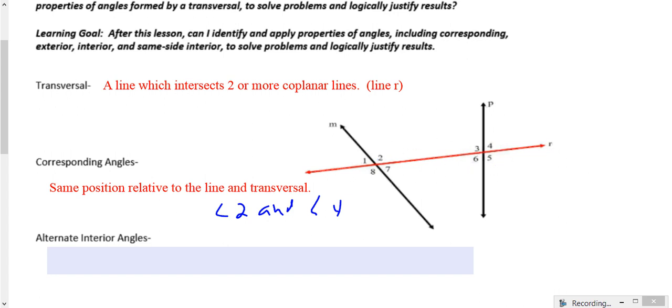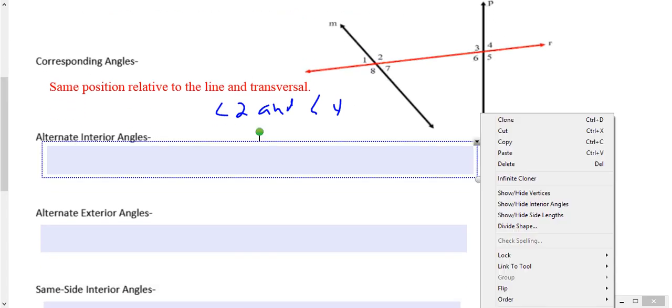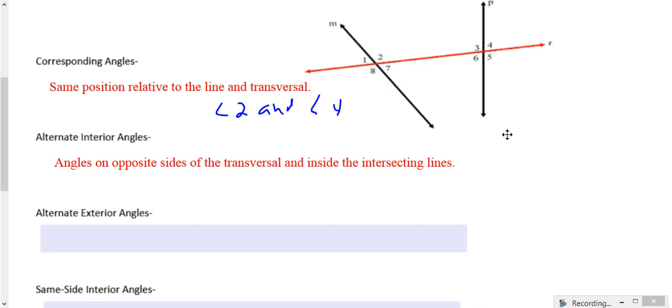Okay, so let's now talk about another vocabulary word, which is alternate interior angles. Now here's the definition. Angles on opposite sides of the transversal and inside the intersecting lines. So some key things here that we need to follow very closely are they are on opposite sides of the transversal, and that's here. So they are on opposite sides inside the intersecting lines.